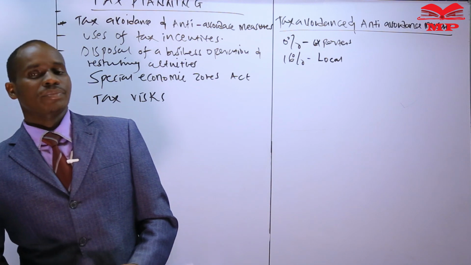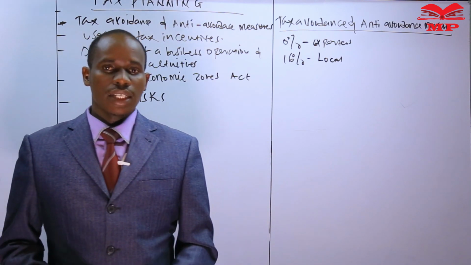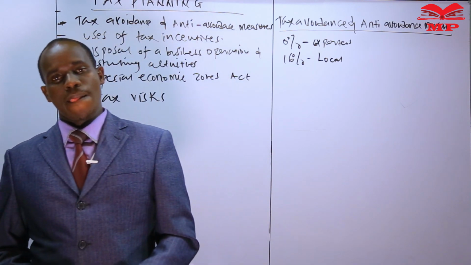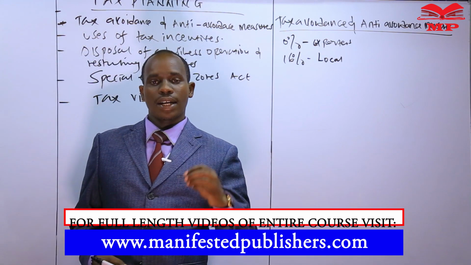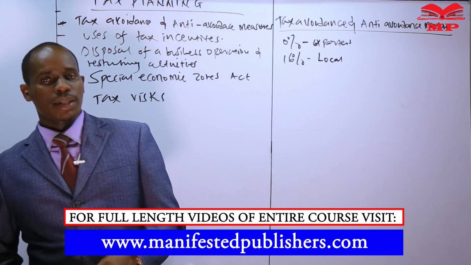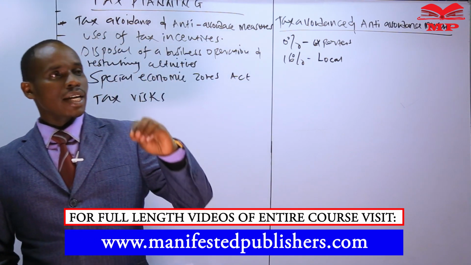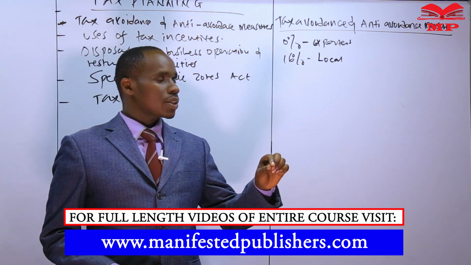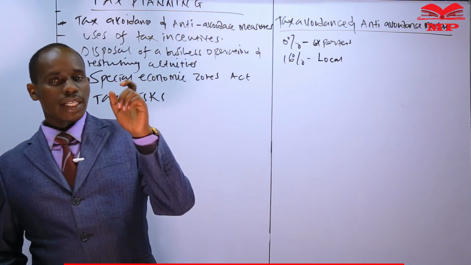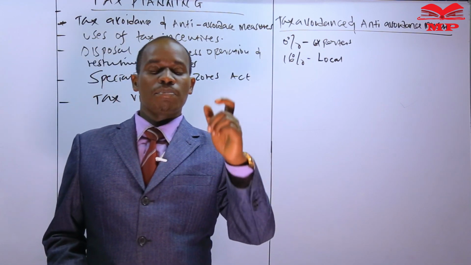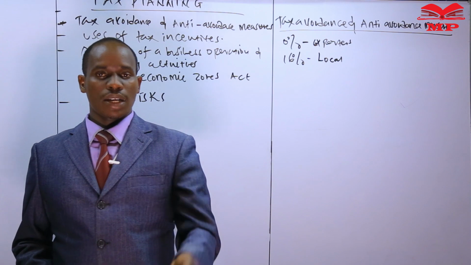For instance, if we have a director in a given company who buys a car from that company at a throwaway price, and that car was captured in a given class for the purpose of calculating the capital allowances.